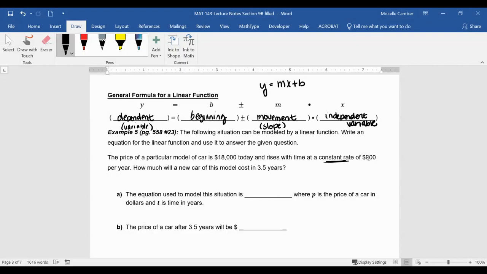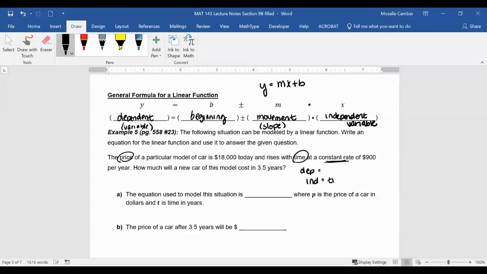Okay, so to answer the second one, let's create a model that describes this. First we need to know what our dependent and independent variables are. So we're looking at a price of a car and it rises with time. So this says time and price are the two things we're comparing. And because the price rises with time, that means time is the thing that causes it.